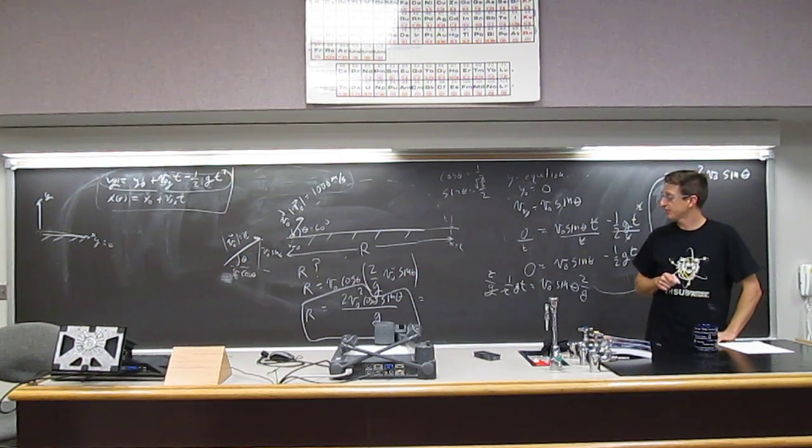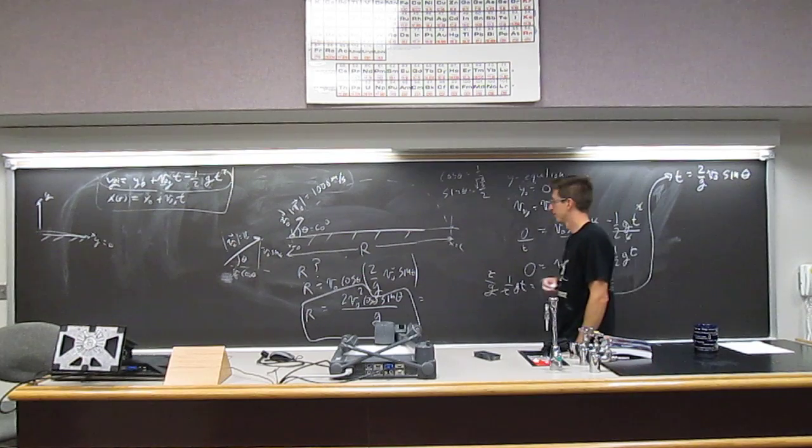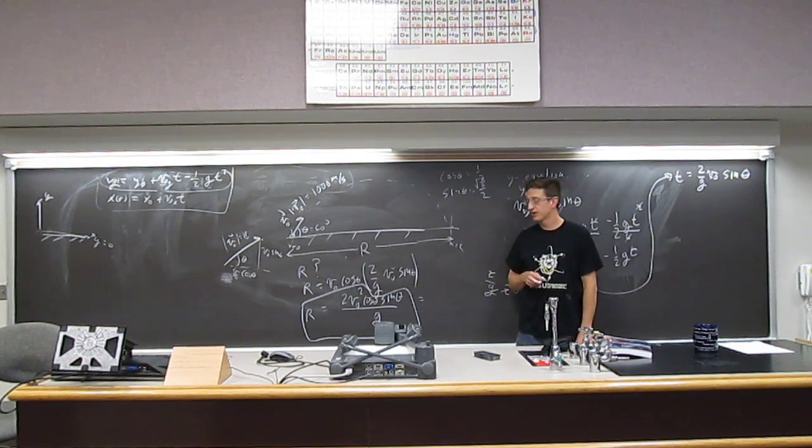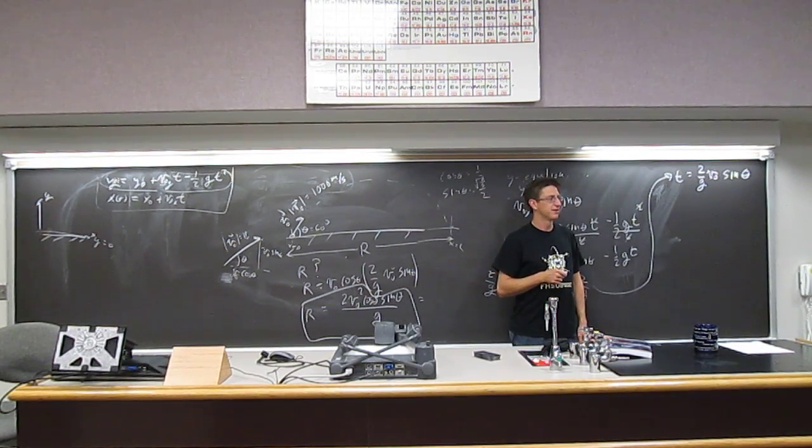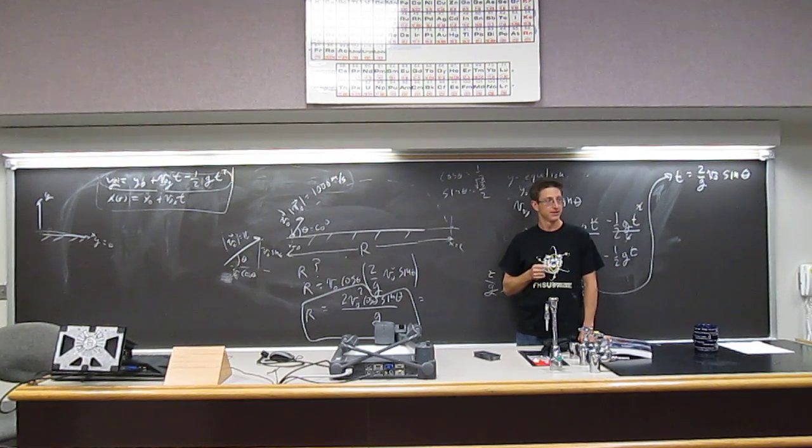So 2 v naught squared cosine theta sine theta divided by g, which is 9.8. What do I get? We're using 9.8.